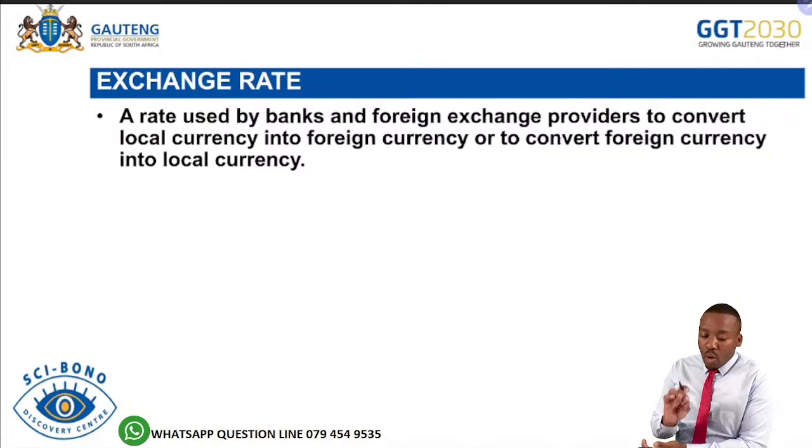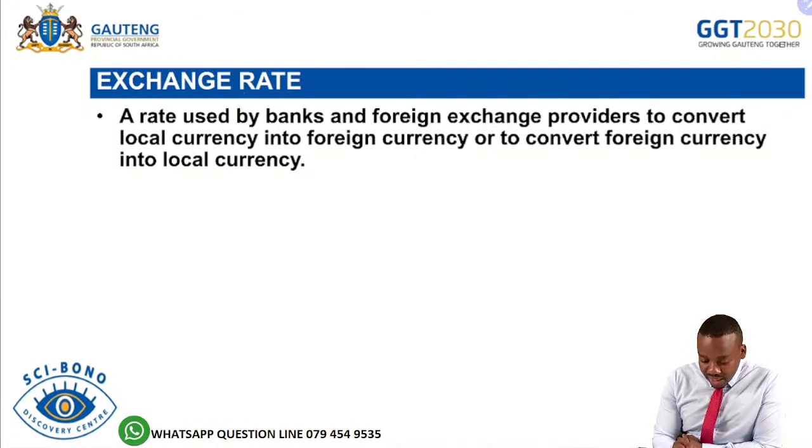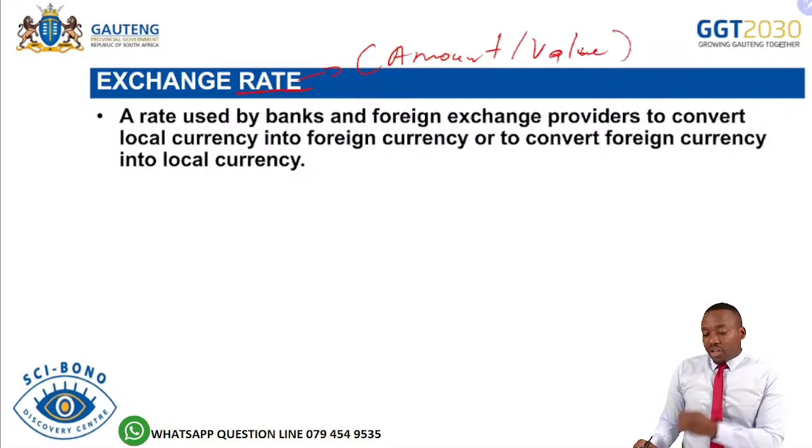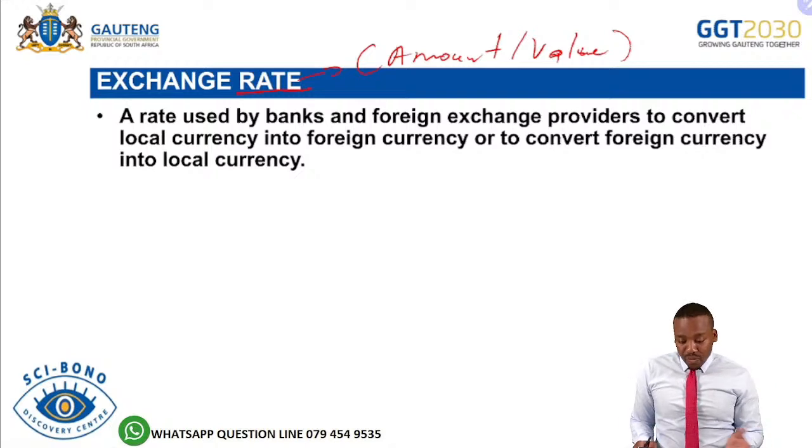Then we move to one of the most important concepts that we have, which is the exchange rate, right? When we are talking about the rate here, you need to remember we are talking about what? The amount or the value. So the exchange rate is the amount or the value.